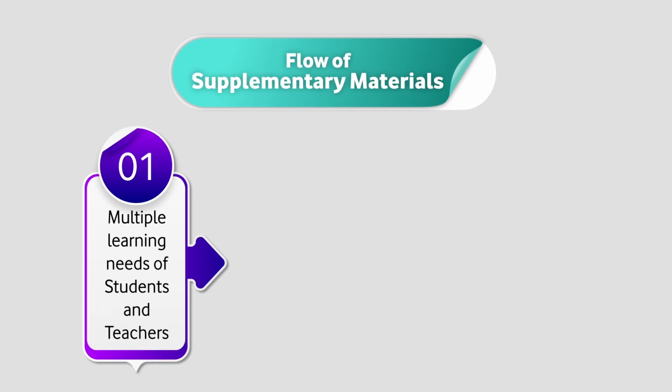That is why, friends, multiple needs of the learners are given importance in the supplementary materials. If it is not possible through your prescribed materials, then learners get it from the supplementary reading materials.